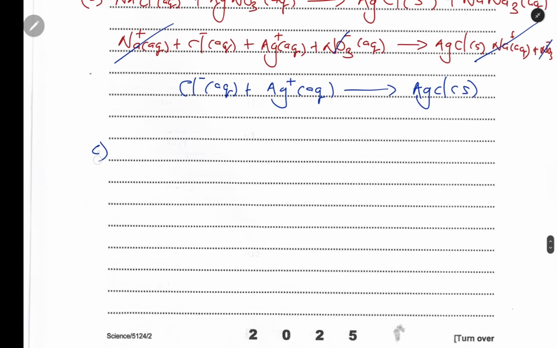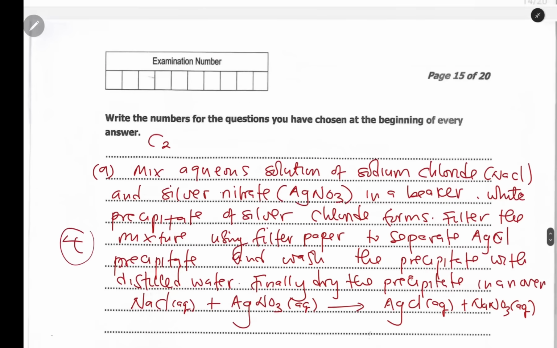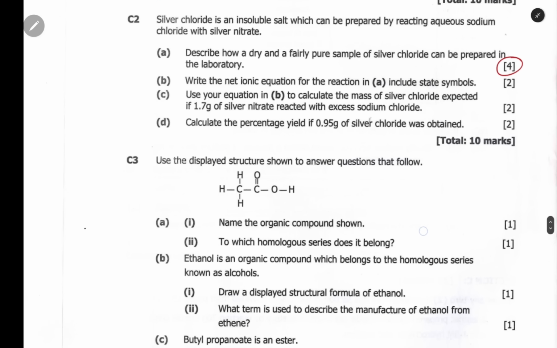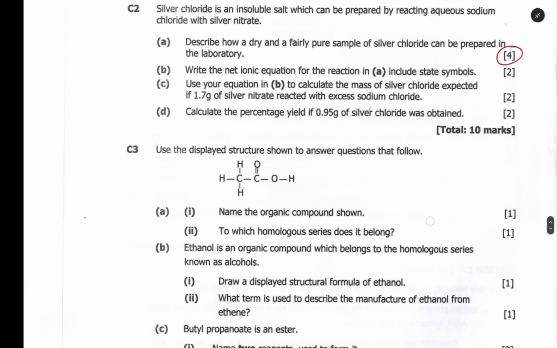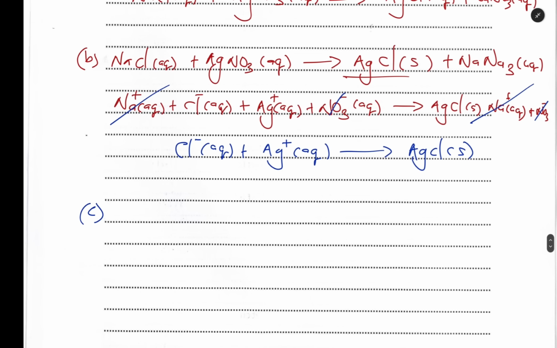So this is question C. Here they are asking for the mass of silver chloride expected if 1.7 gram of silver nitrate was reacted.